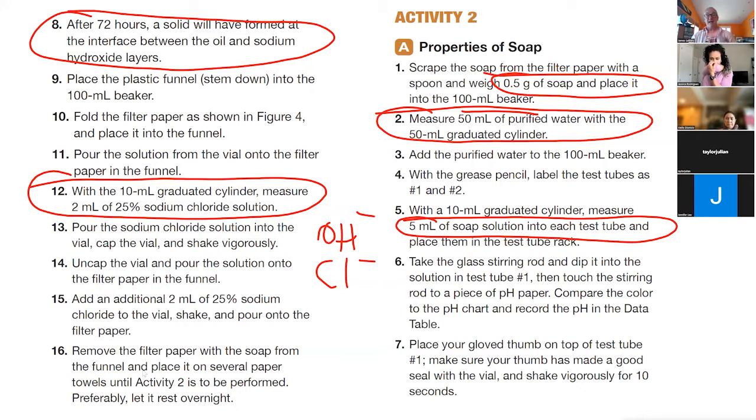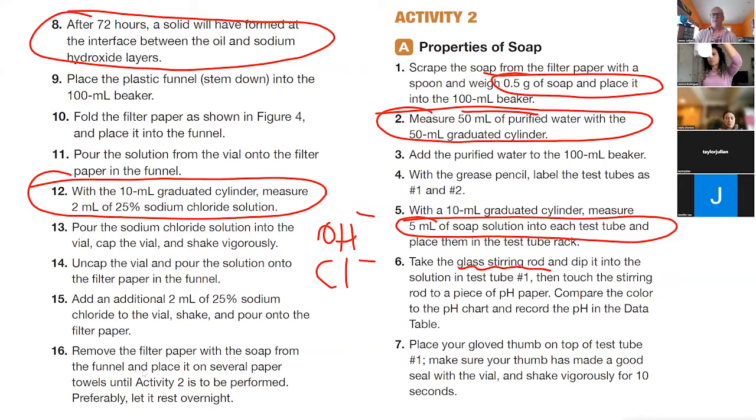Then we're going to check the pH, either with a glass stirring rod. We should have pH paper in this particular bag as well for this experiment. There should be at least 6 to 8 pieces of filter paper.